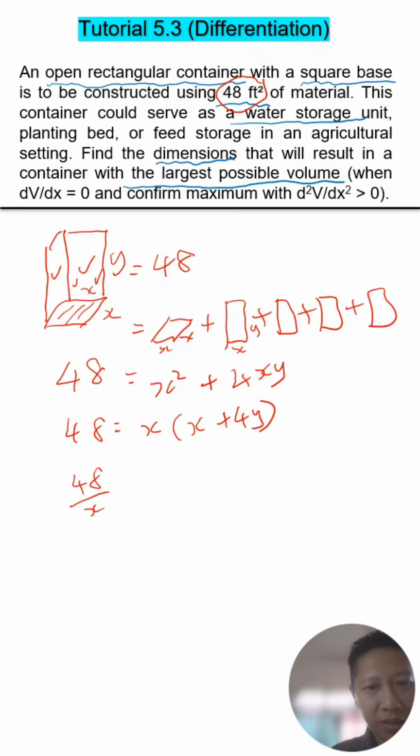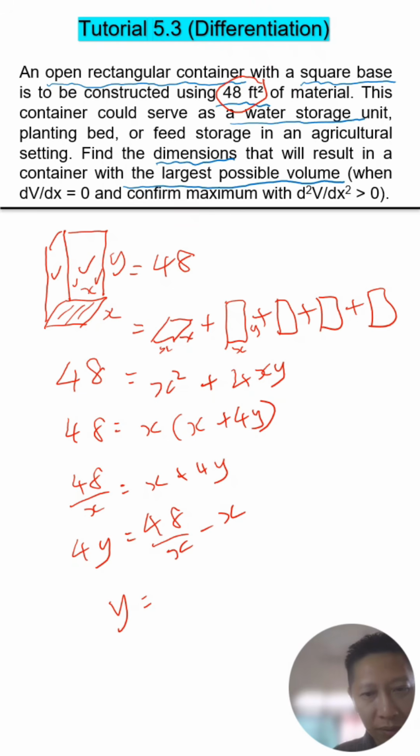48 divided by x equals x plus 4y. Then we'll move x to the left side: 48 over x minus x. So later on we will have y equals 12 over x minus x over 4.